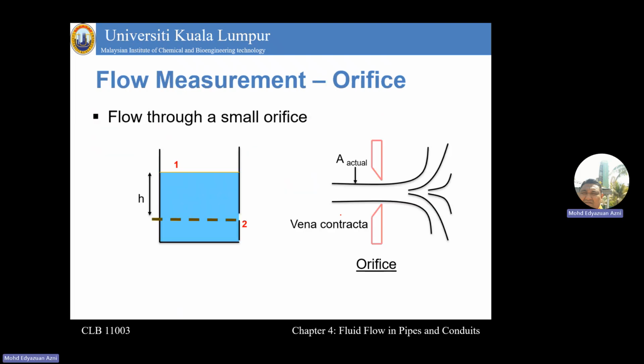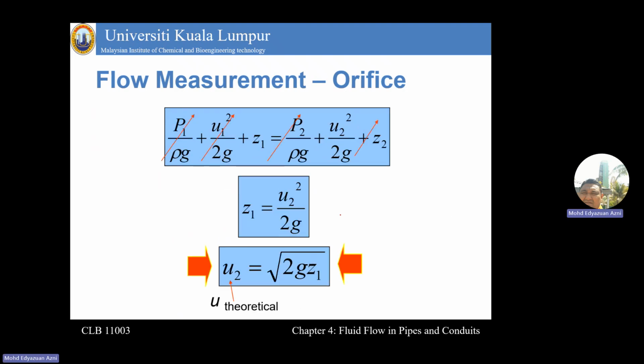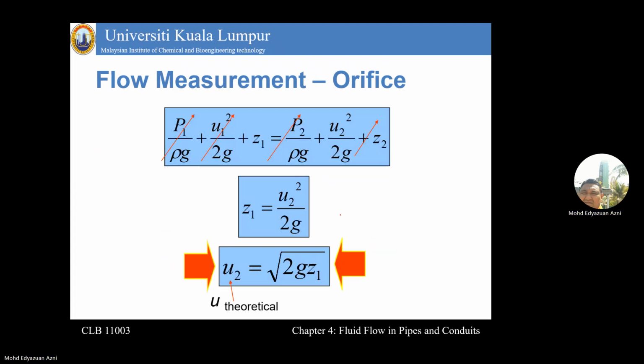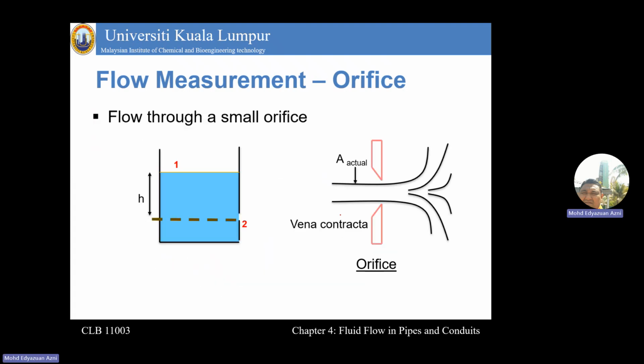Okay, the second flow meter that we have is the orifice. So an orifice is actually an opening, a round opening. We can consider a small opening on a tank or on a container as an orifice.